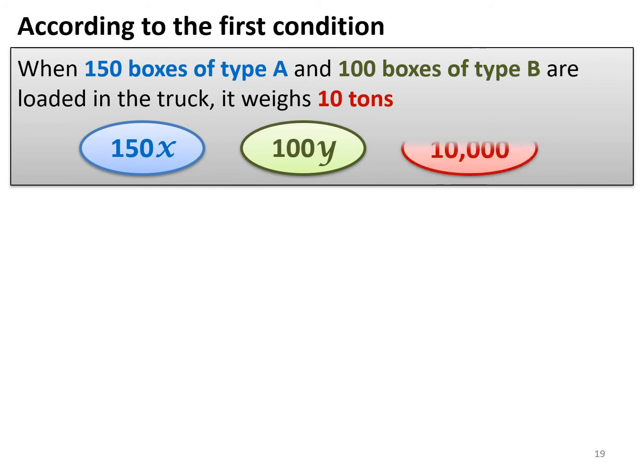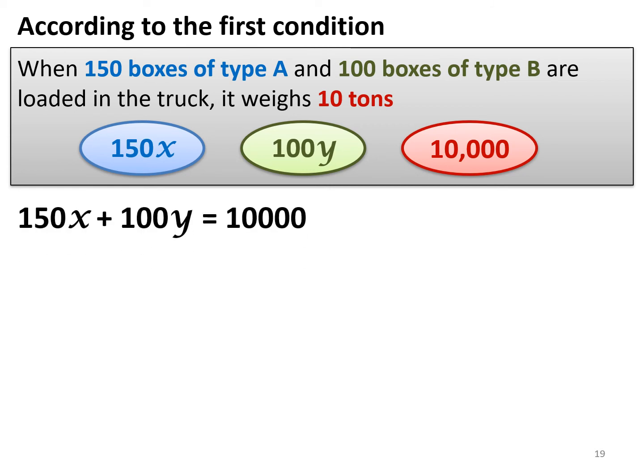When they are loaded, that means when they are added and kept in the truck, it is equal to 10,000 kg. It's written 10 tons, but we have converted the 10 tons into kg. So we will be using the numerical value of kg now.